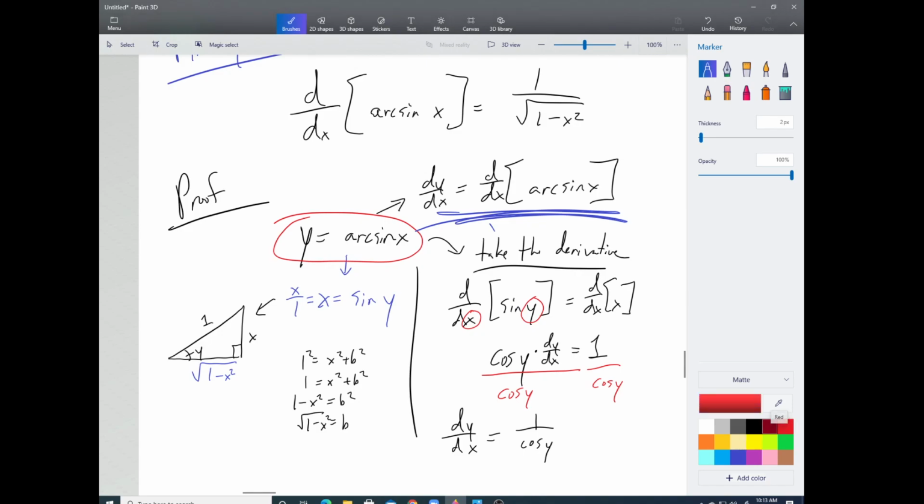And then this triangle that we made at the beginning, but then ignored for a moment, this is where we are going to come back to that and say, okay, a cosine of a y value is going to be its adjacent side over its hypotenuse.